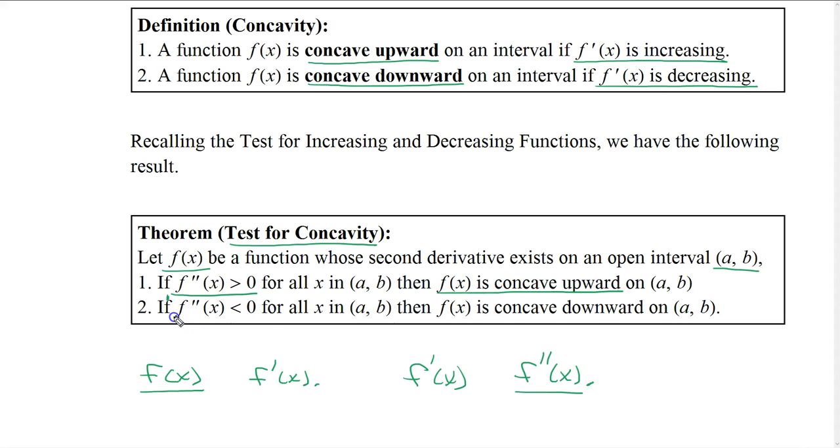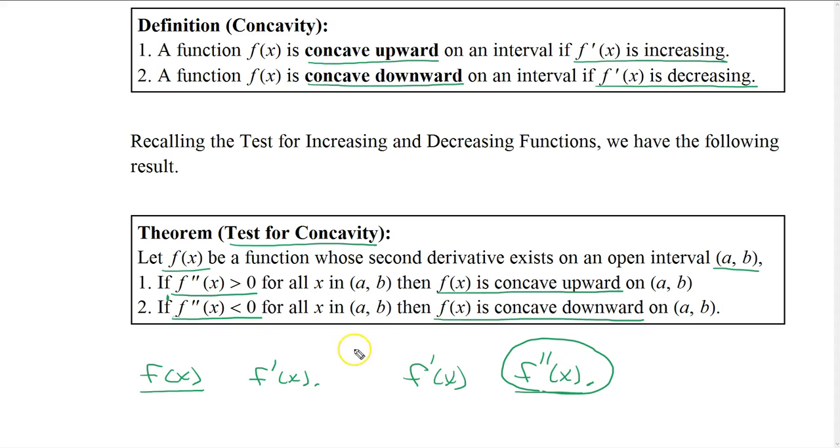If, on the other hand, our second derivative is negative, then that means our first derivative is decreasing, and that means our original function is concave down on that interval. And that's how we're going to determine where a function is concave up and down. We will merely take its second derivative and find where it is positive and negative.